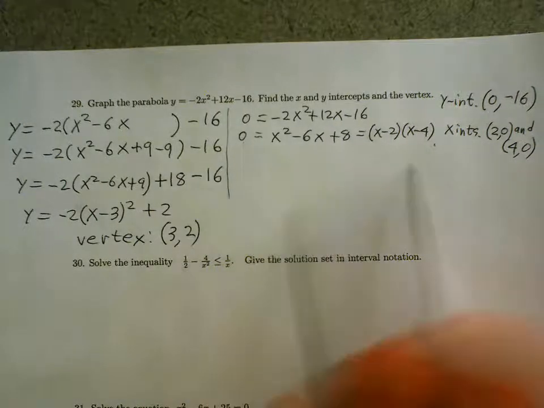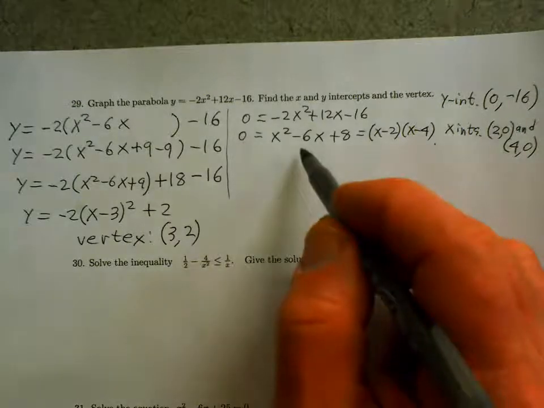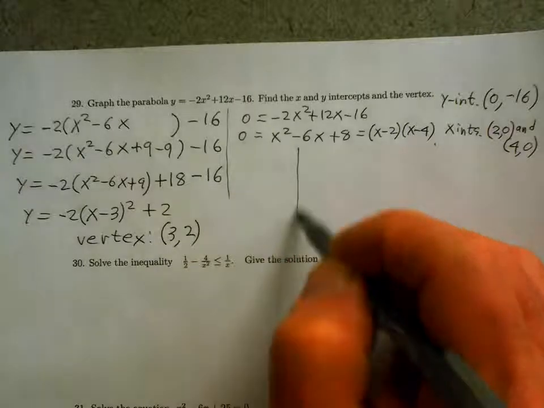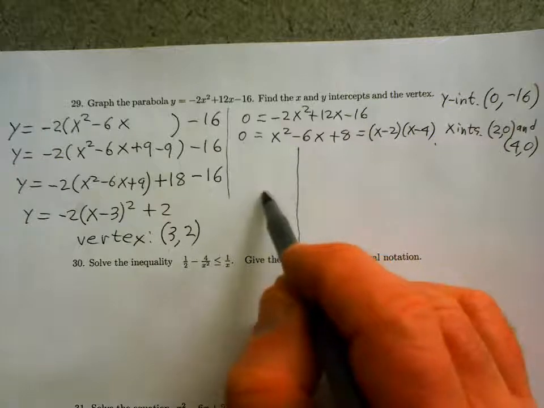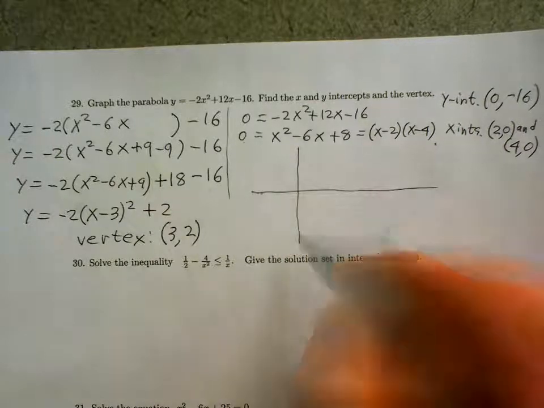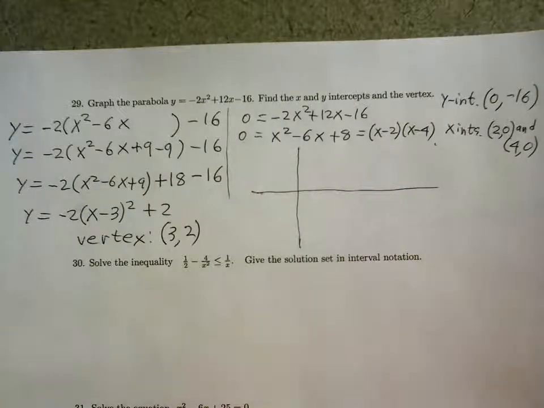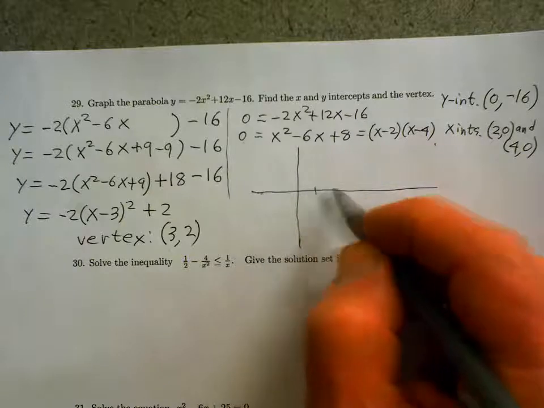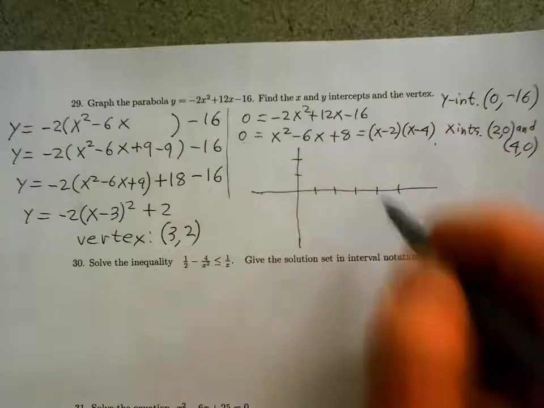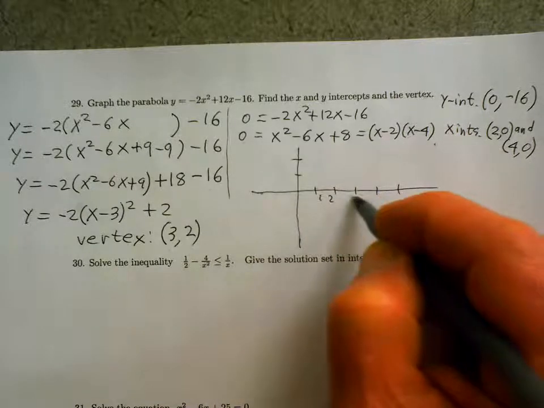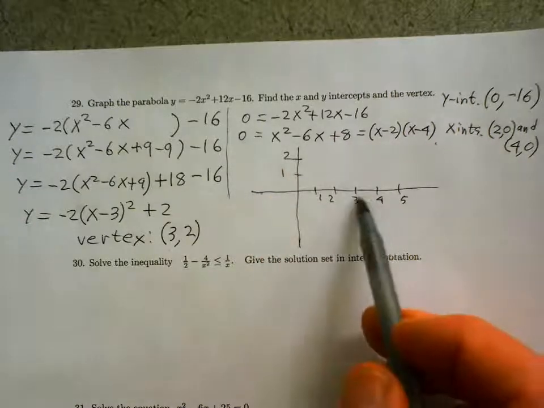So in our limited space here, we can get a rough sketch. We can at least get the x-intercepts and the vertex. And the y-intercept will be off the grid in this case. And the vertex is the ordered pair 3, 2.